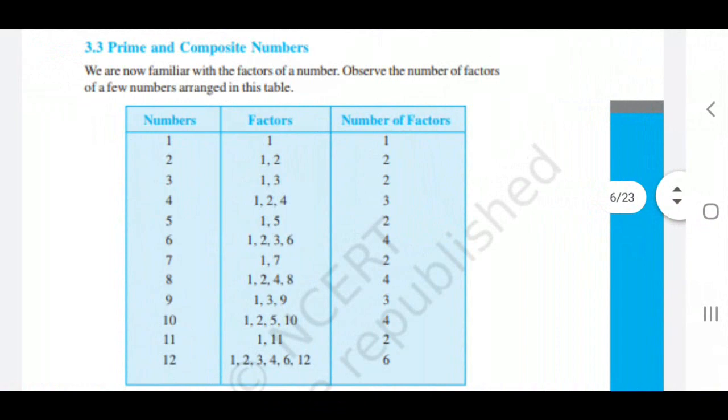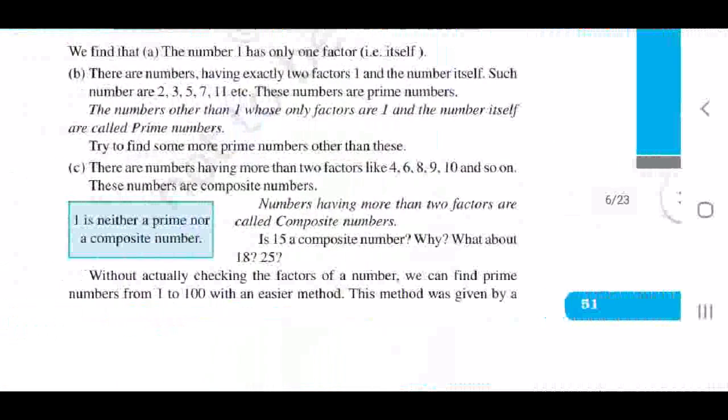Okay. So to identify whether the given number is prime or composite, you just find the factors. If you get more than 2 factors, it will be a composite number. It won't be a prime number. So, some properties.